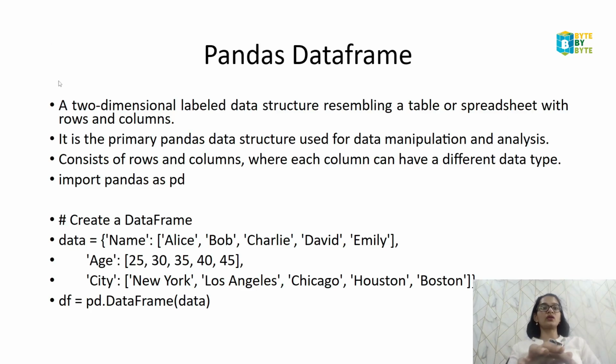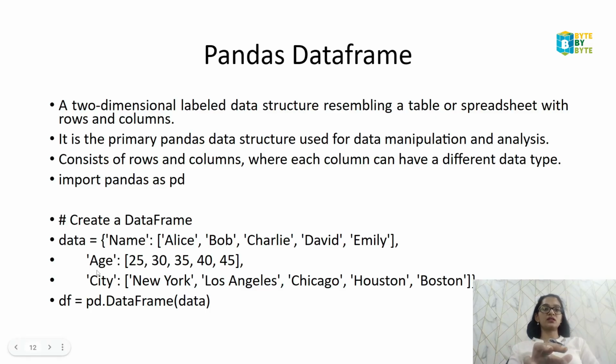So we are going to now create a DataFrame. For creating a DataFrame, you will first need data. This is our data: name, age and city. Can you tell me what this data structure is? It is nothing but a dictionary, which has keys and values.